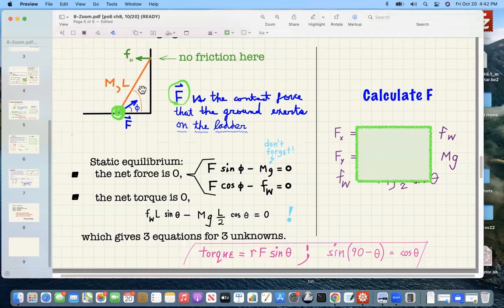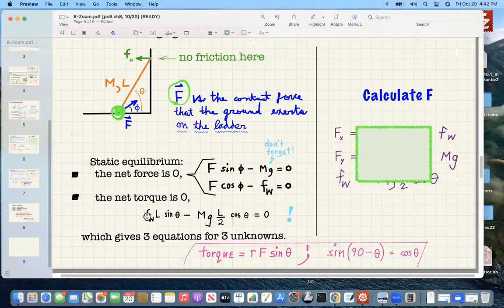Now, the perpendicular distance will be L sine theta. So F L sine theta is the torque about this point due to this force, which is pushing the ladder away from the wall at the top of the ladder.